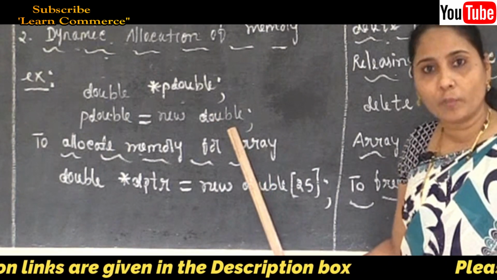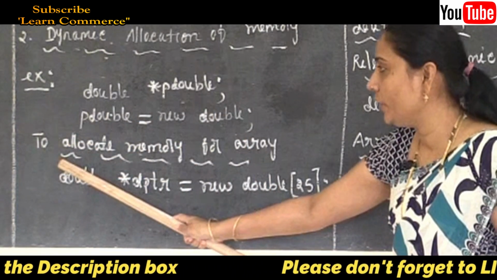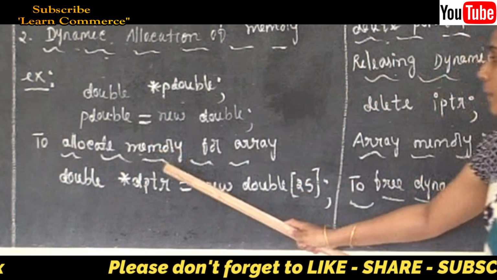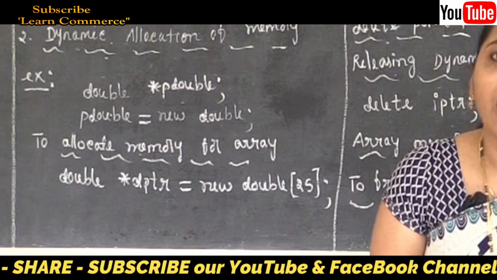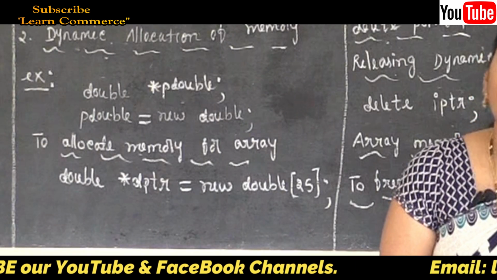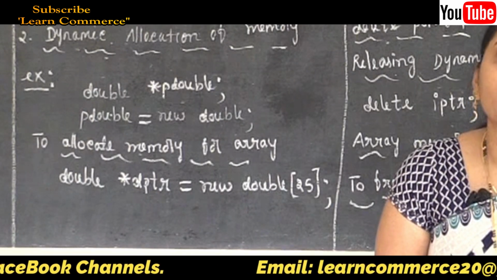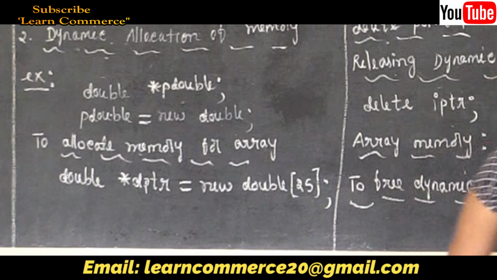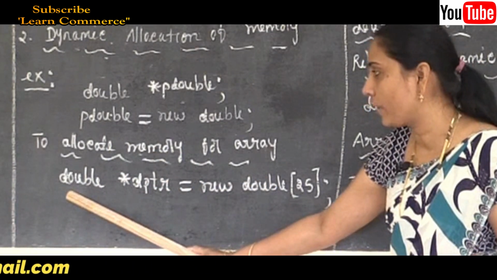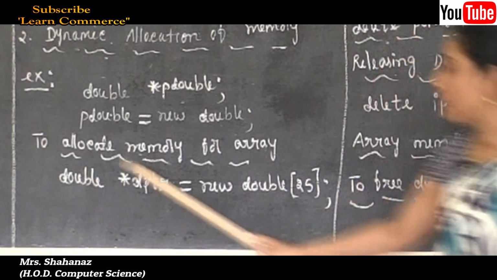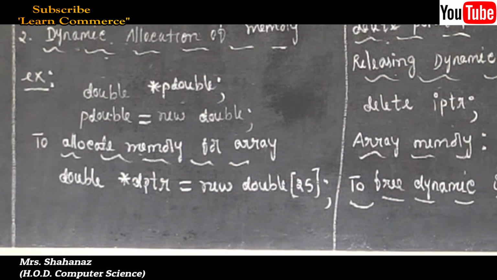Now let's see one more example for new. To allocate memory for an array, if you want to allocate memory for array variables, then we are going to increase the memory for the array variables. First of all we declare, but in this example I wrote it in one line only.